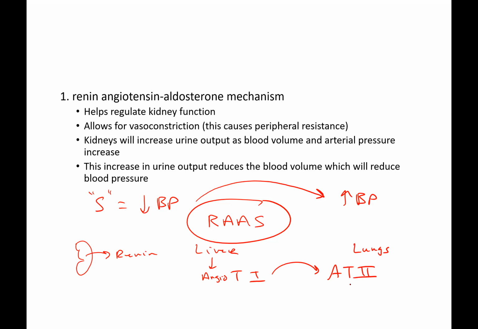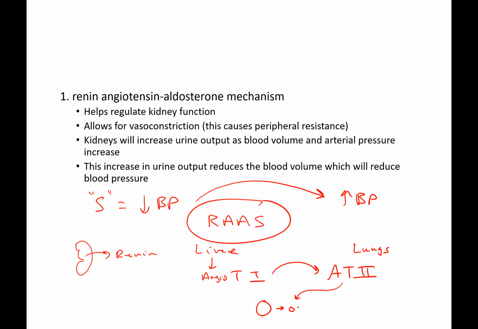All right. And then once this is floating around in your body, it's going to take the big open tube and constrict it, right? So angiotensin is a really good vasoconstrictor. It will take a big tube, a big diameter tube, and make it smaller. Okay.